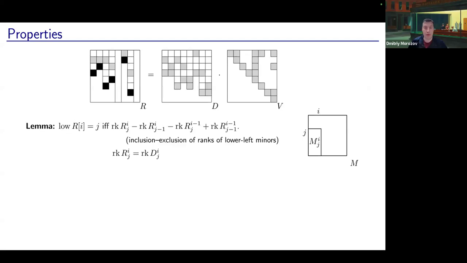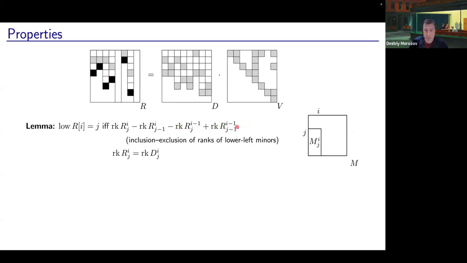Okay. So here's an important property of this construction. Namely, you will have a non-zero in column I, row J, if this inclusion-exclusion of ranks of lower left minors is non-zero.